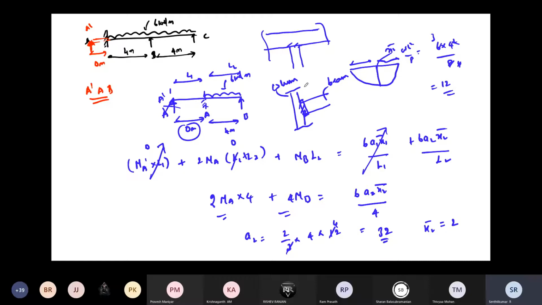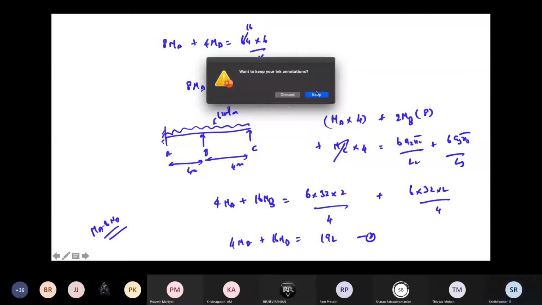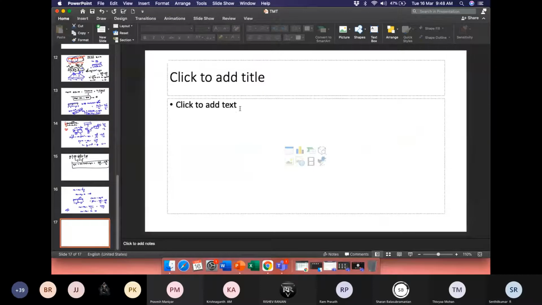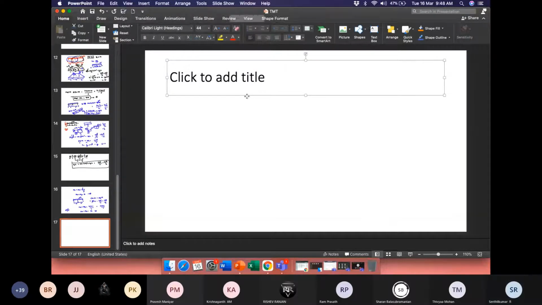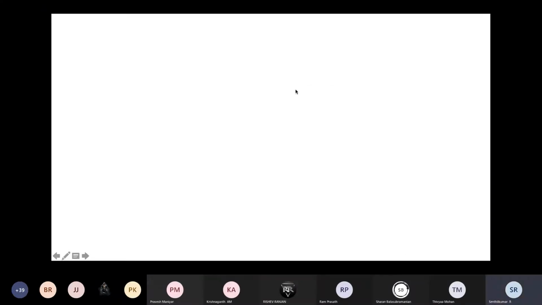Now, in the same way, if you are having another problem with a beam like this, what do you have to do?